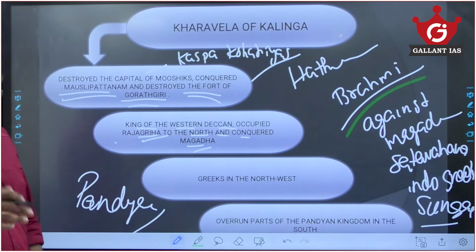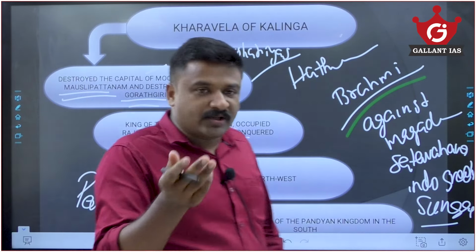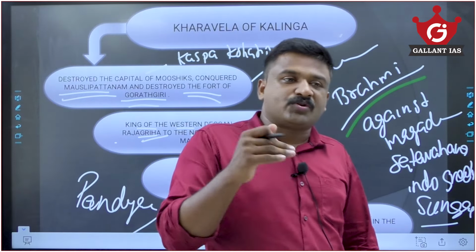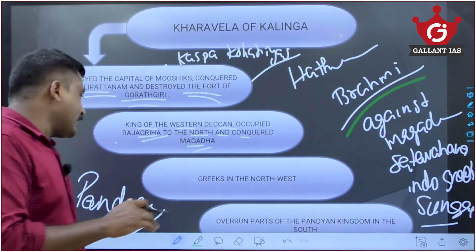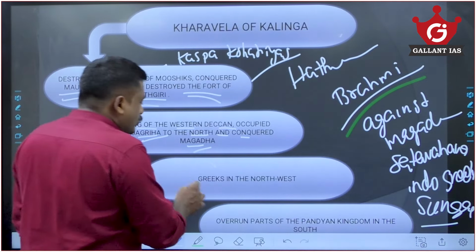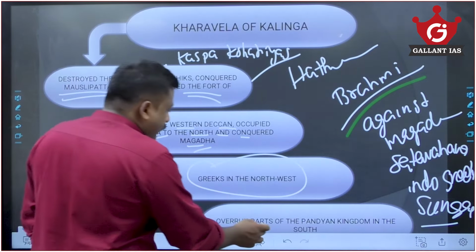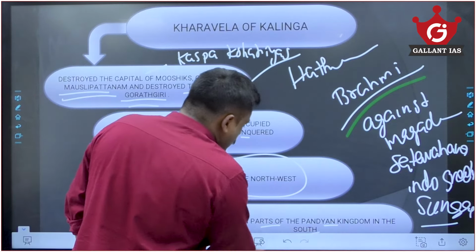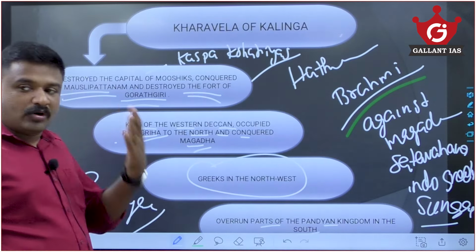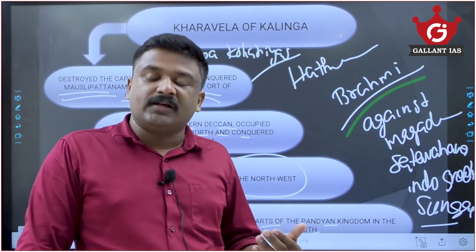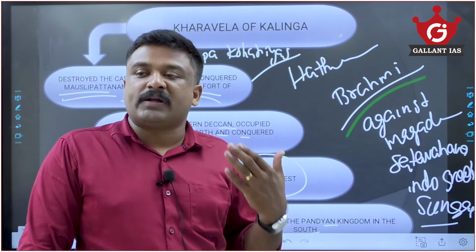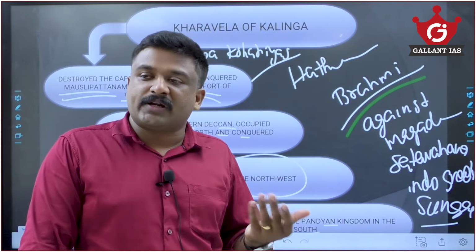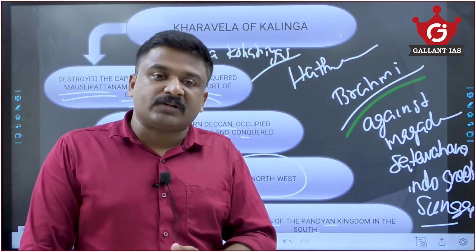So you see, in the south, in the Deccan, in the north, in the west, all the way he is leading these military expeditions. The Greeks in the northwest were defeated, and he overran parts of the Pandyan kingdom in the south. Be it west, northwest, south or center, he is known for sending military expeditions in all directions and defeating many rulers.